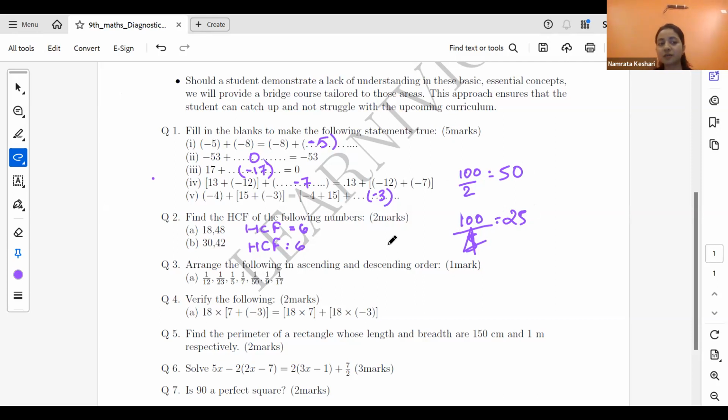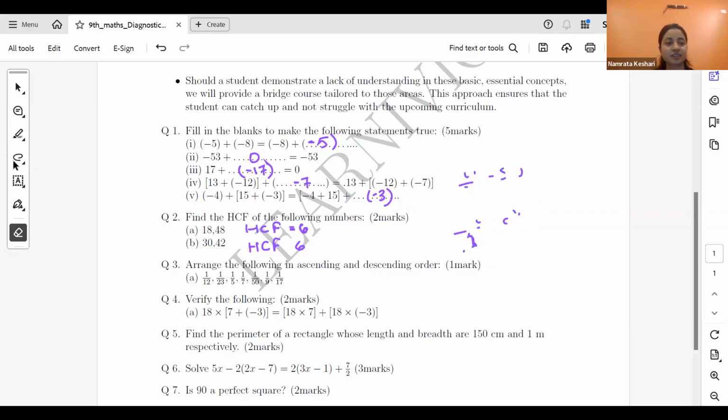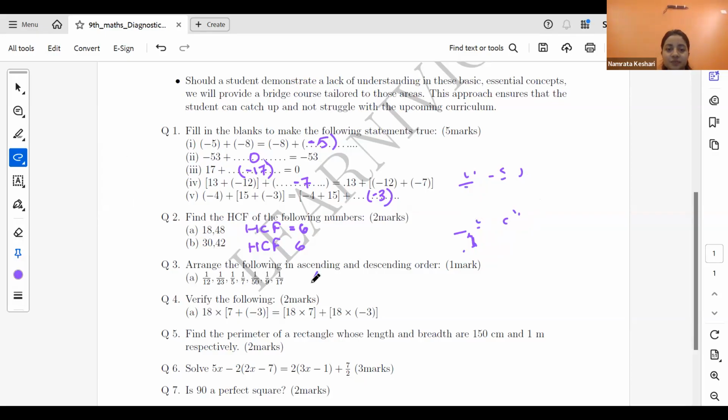So just now arrange accordingly in ascending order. It's 1/50, perfect. Then 1/23, perfect. Then 1/17, perfect. 1/12, yes. 1/9, yeah.